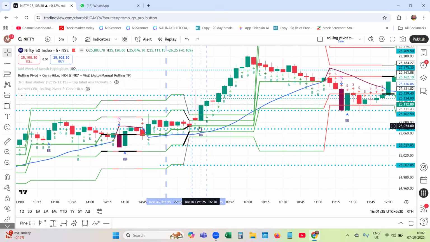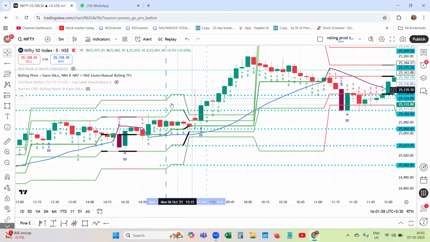Market gapped up and it was the first reaction. That is the reaction of the BTST traders because that was a Gann HiLo level. 25,149 was the level where the market could have resisted. For that, an immediate reaction came into the market.